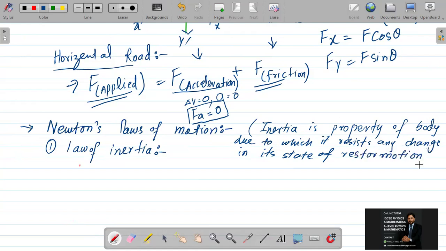That is called inertia. It depends upon the mass of the body.